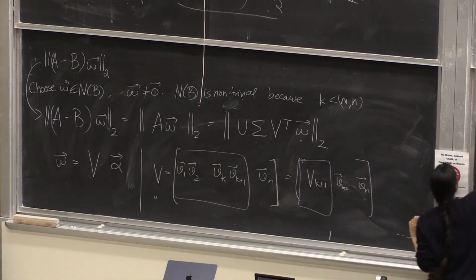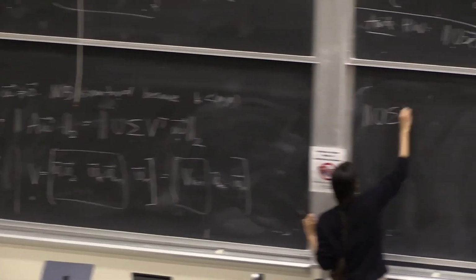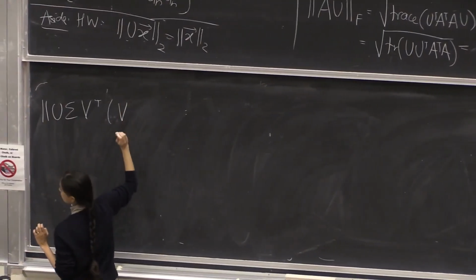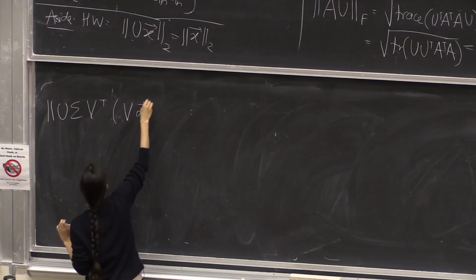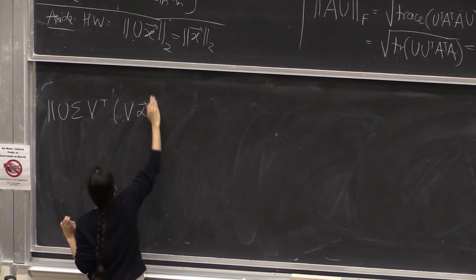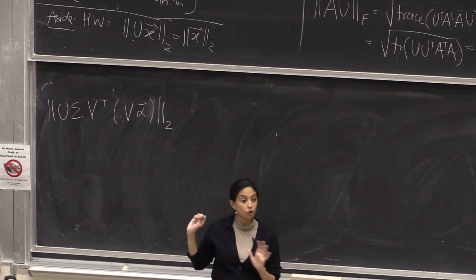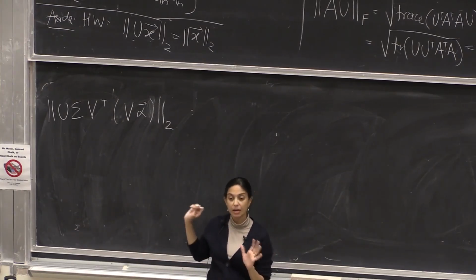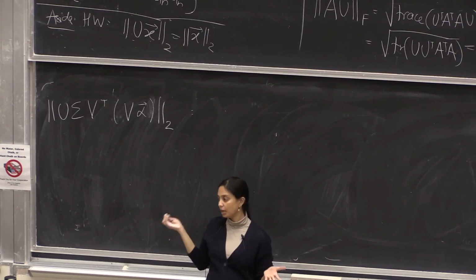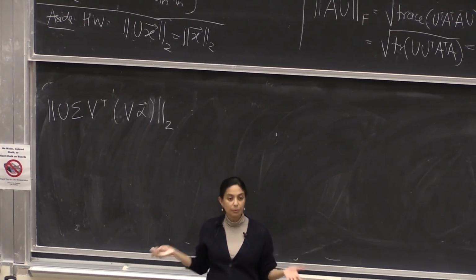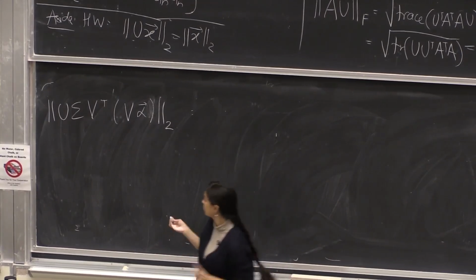We will get U sigma V transpose, and let's say I have now V times alpha. I don't know yet what alpha is, but I can always write W as V times alpha. V is an invertible matrix, so nothing prevents me from writing it this way.